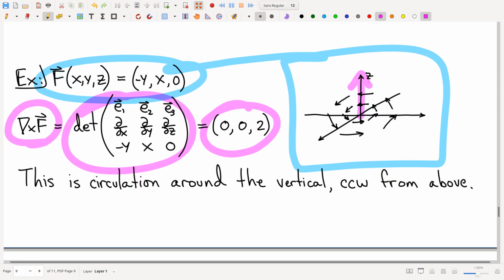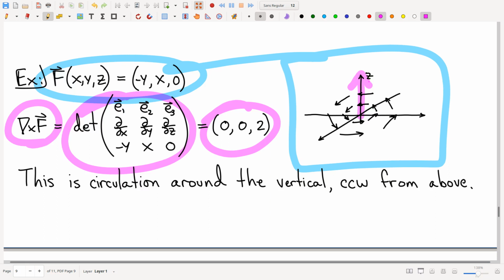But I'll just say this. If you were to throw a constant in here and make the vector field longer, representing a faster flow of the fluid, you would find yourself with a longer curl vector representing greater circulation. So in some sense, it kind of tracks with amount of rotation as well.